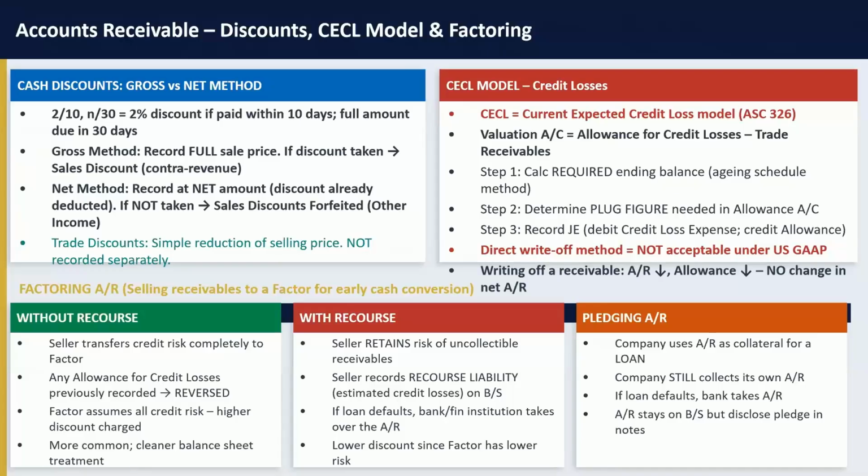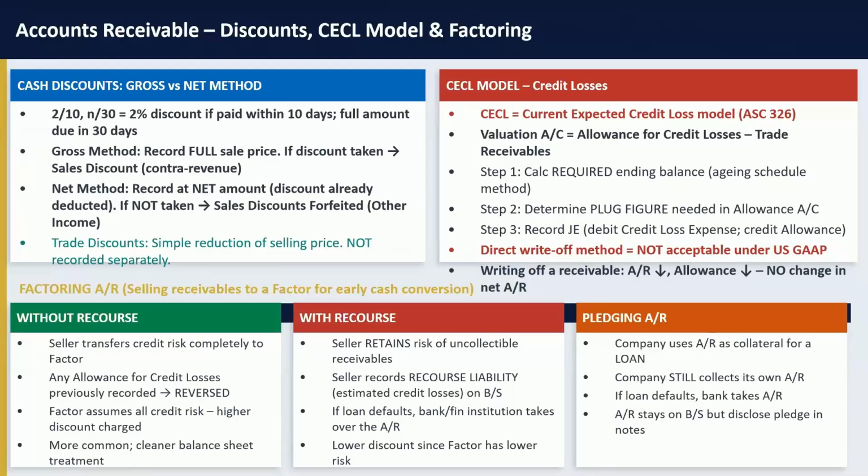So the only difference is, in the gross method, you will enter the full amount. Only when your customers are taking the discount, you will make the adjustments. In the net method, initially you will subtract the discount and take the net value. Suppose customers are not taking the discount, you will add it back to your net value. That is what you do in the net method.